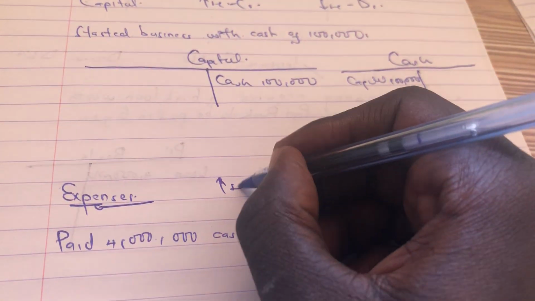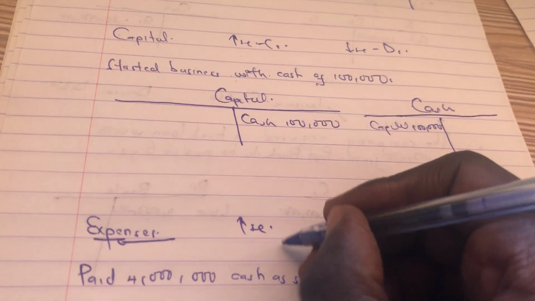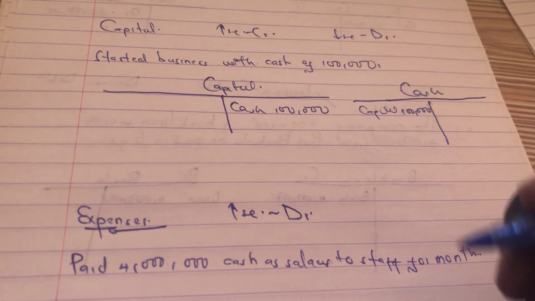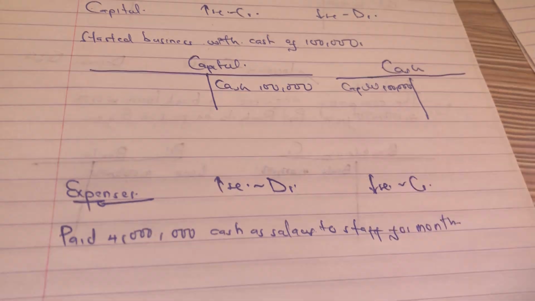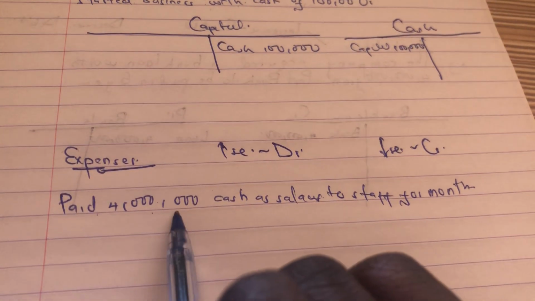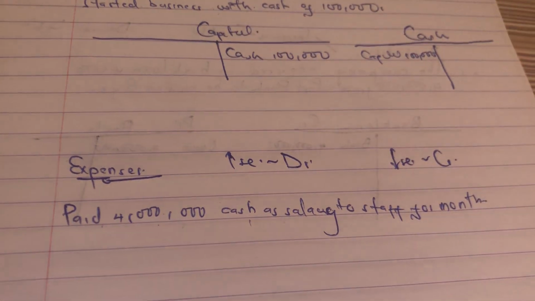Expenses, in case they increase, we actually debit the expenses account and credit the other account, and in case they decrease, we actually credit the expenses account and debit the other account. For example, he paid 4 million cash in salary to the staff. Are we together?